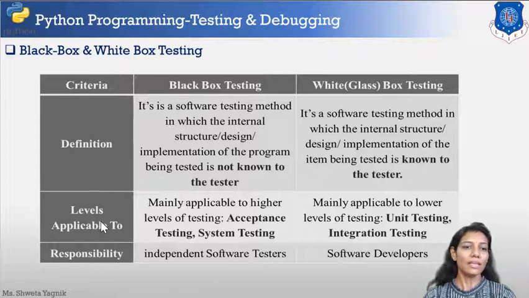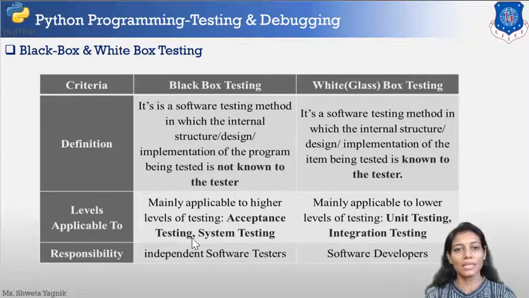Then the level of applicability. Black box testing is applicable at the level of system testing and acceptance testing. We are shortly going to see what exactly acceptance testing and system testing mean, but here you need to just understand at which stage of your system development this testing is applicable.